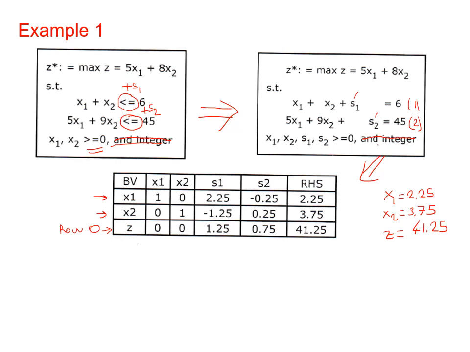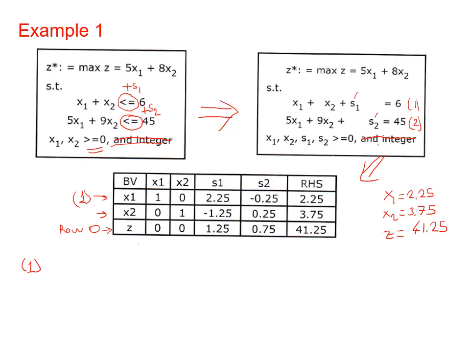Let's generate the cuts corresponding to this first constraint. First I will write the cuts as an exercise, and then I will sketch the feasible region of this problem and try to show those cuts in the feasible region.